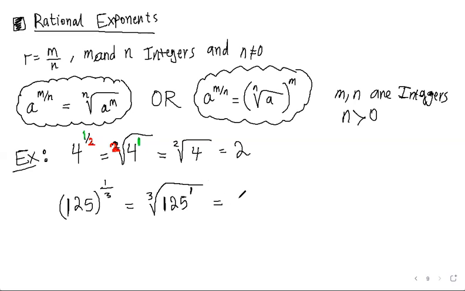And some of you said 3. No, it's not 3. Sorry, 5. Why? Because 5 times 5 times 5 is 125. So again, look, the 1 comes inside and the 3 comes outside. The answer is 5.